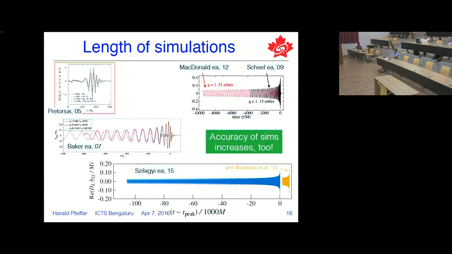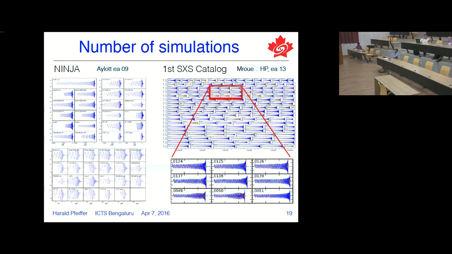Another illustration for the improvement of simulations is on slide 19, an impression of the number of simulations over the last years. In 2009, the first NINJA project, the left-hand side plot on slide 19, shows all the waveforms that were available in 2009 worldwide.